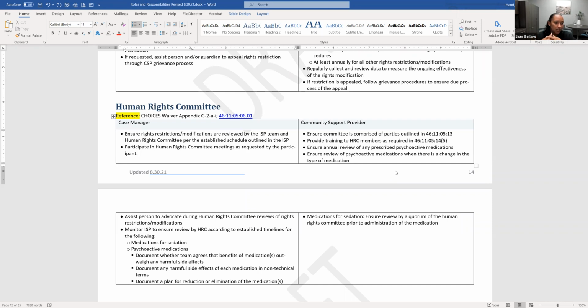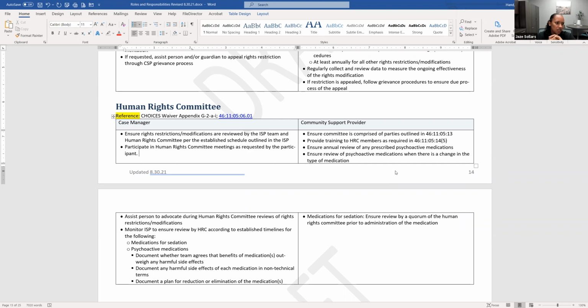And so HRC is a South Dakota specific language requirement, but all of the things above in the rights restriction section should have been met. And then the HRC is just giving this: yes, we've reviewed it, this is our stamp of approval, everything is set in place, let's implement this restriction.